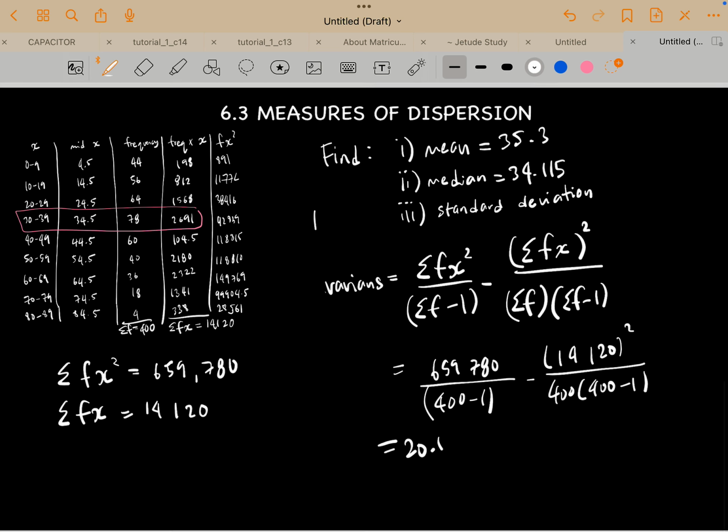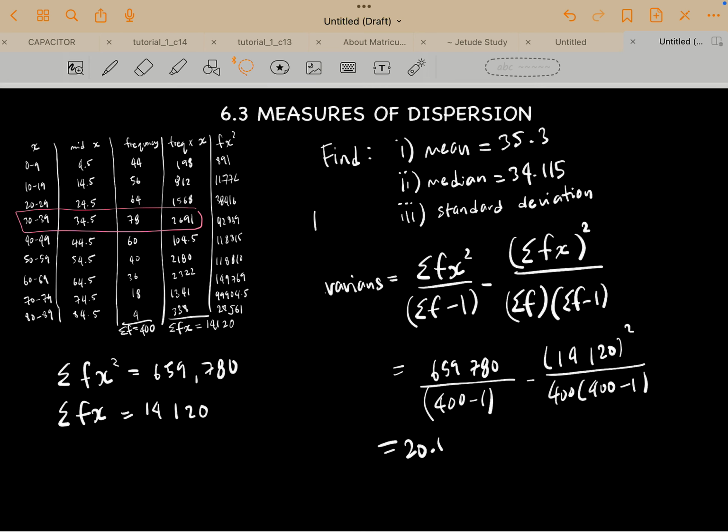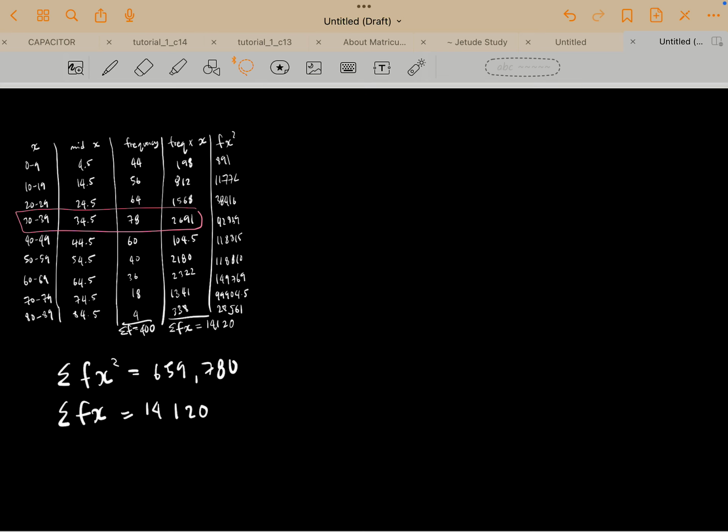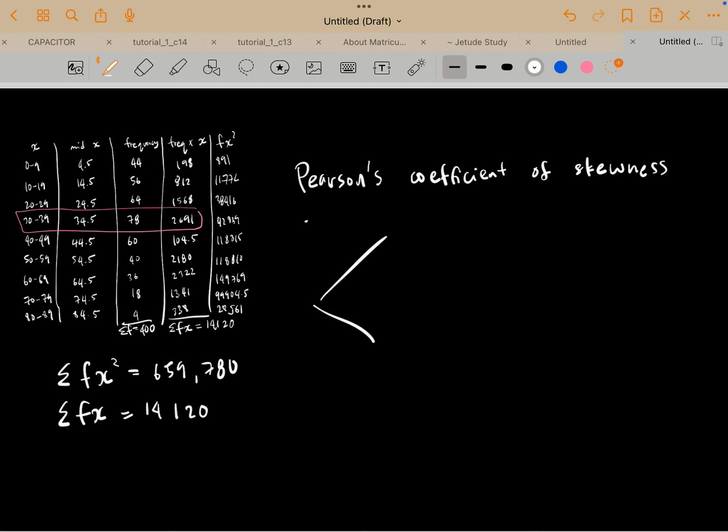And the last part of this problem is to find the Pearson coefficient of skewness, which is given by two formulas.